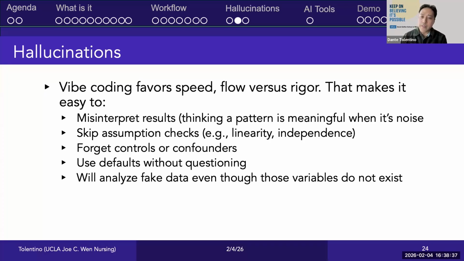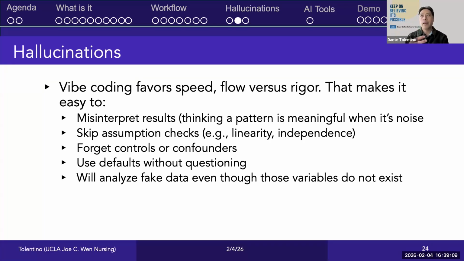It will also use defaults without questions. Again, this is where prompting really becomes important because you want to be explicit about what your output is going to be, right? And it will analyze fake data even though those variables or data do not exist. We've done this in an experiment where we actually did not have any of those variables, and we did not provide any documentation when we were vibe coding.